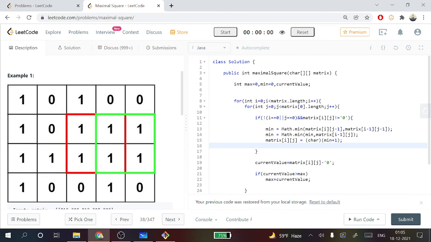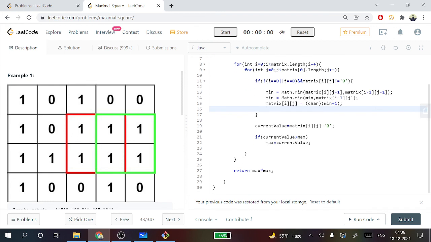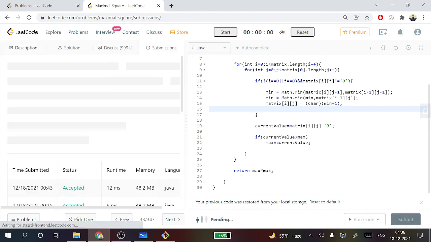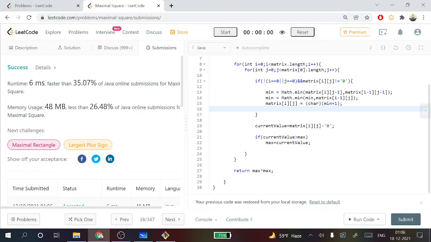Now, if the current value is greater than the global maximum, then we'll simply update our maximum. After this, we'll be returning max into max, which is the area we have found as the maximum. Let's try to submit this solution.